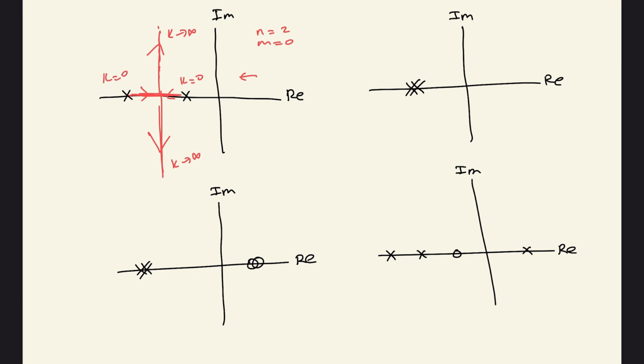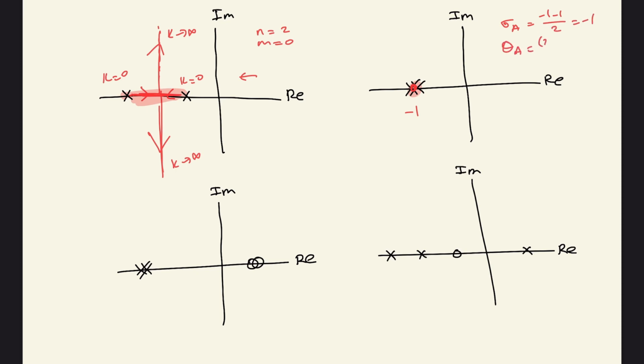Now, in this case, instead of having this line here, the root locus will be a point. Again, the intersection point, for example, let's give a number, minus 1. Write sigma of A is minus 1 divided by n minus m, which is 2, so minus 1.